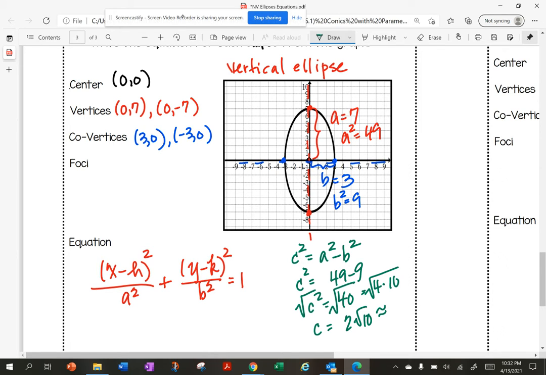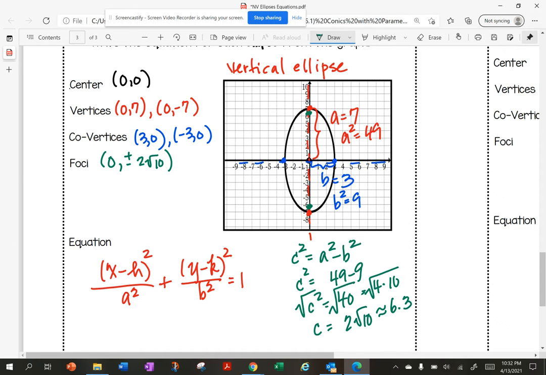For graphing purposes, that's about 6.3. So my foci are right here. So these are at 0, plus or minus 2 times the square root of 10.